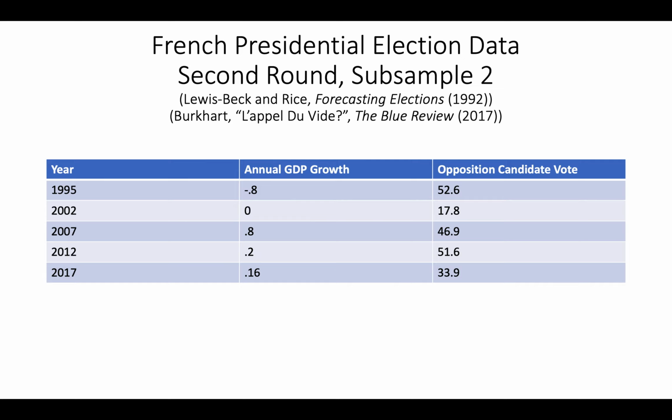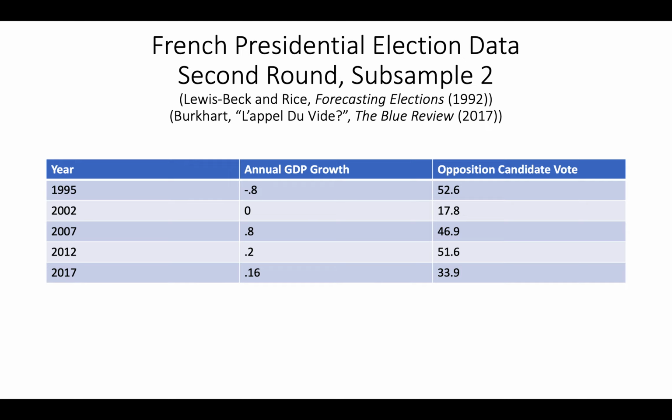The second subsample consists of French presidential elections from 1995 through 2017. Again, 5 presidential elections, as in the first subsample. We can see two things right away about this data set. First, the range of values for annual GDP growth is much narrower in this data set than in the previous data set.